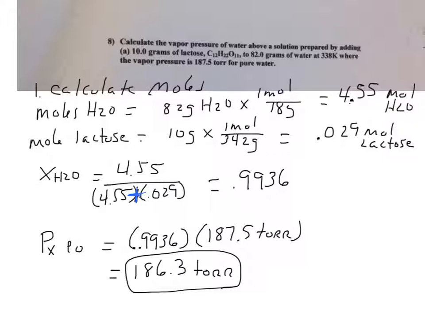Next thing we're going to do is take that 0.9936 times 187.5 torr. Remember that was in our problem up here. We have an answer for the vapor pressure being 186.3 torr.